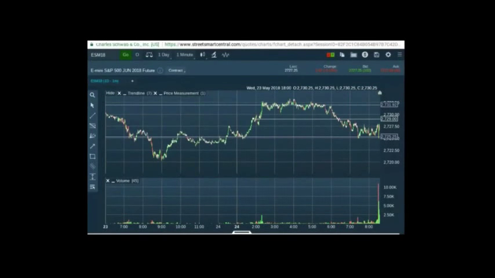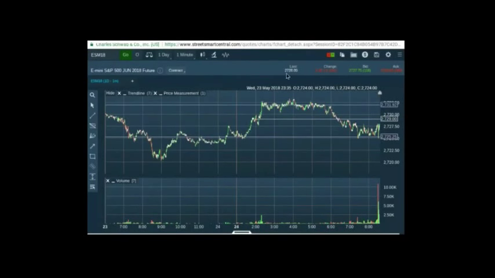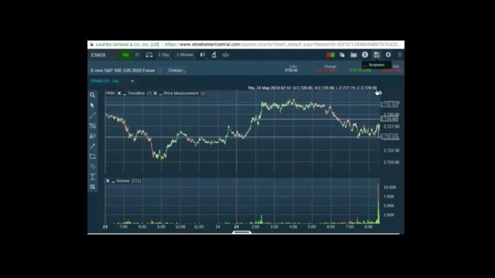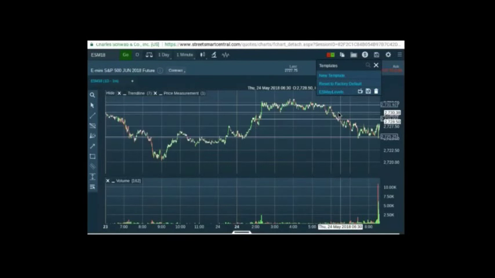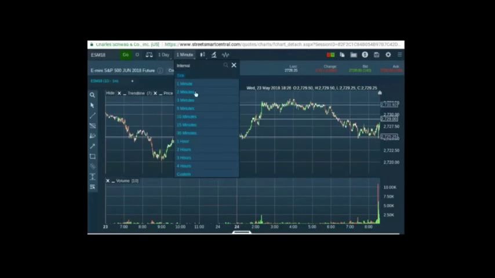Okay, here we go. You can just see how quickly the futures move. 27.25 were filled. Just messing around here, marking levels. 27.25, we are filled here, 10 lot, 10 contracts.